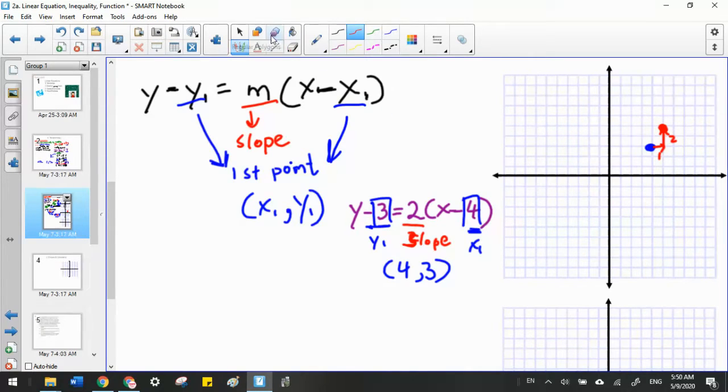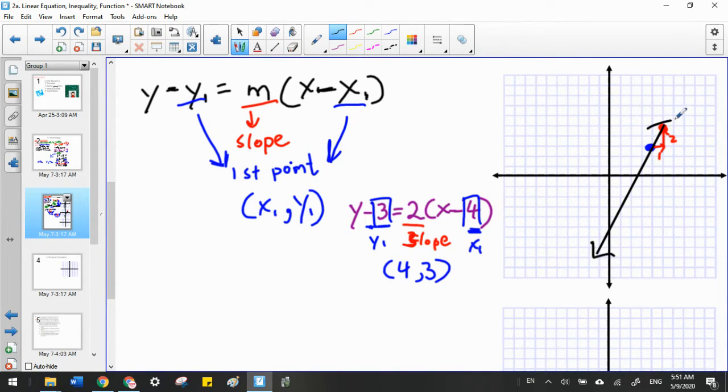And from here on out, I can use a straight edge, and you guys can too, to graph out what the rest of the line is supposed to look like. And I'm going to leave that right there. That's long enough.